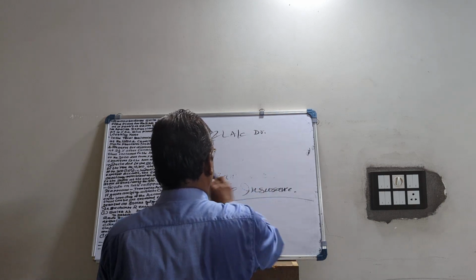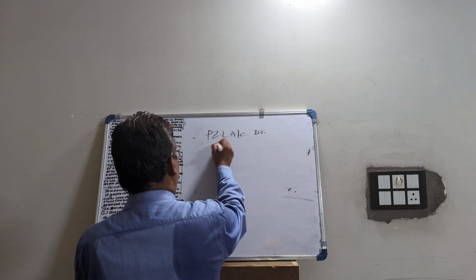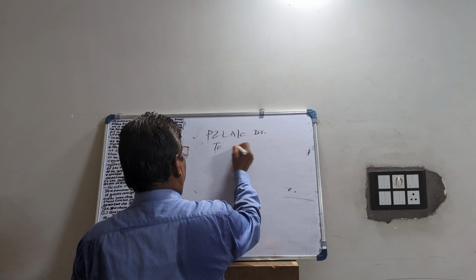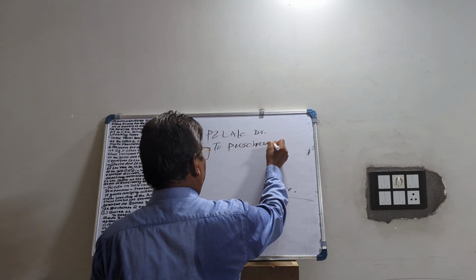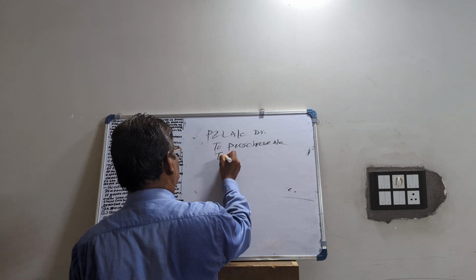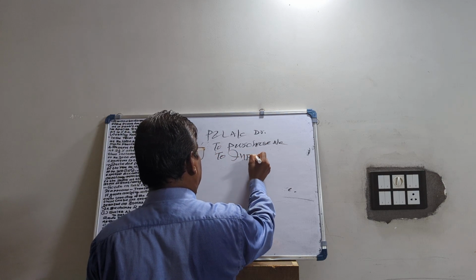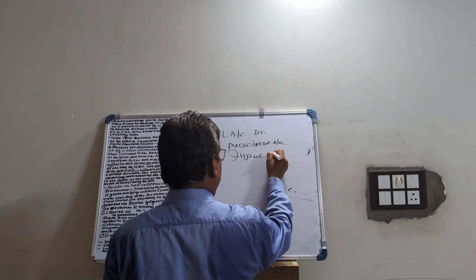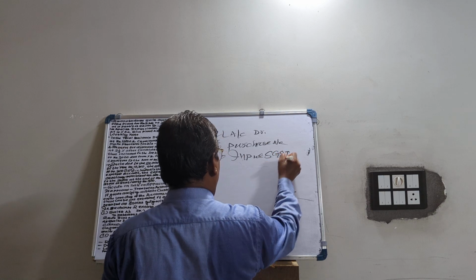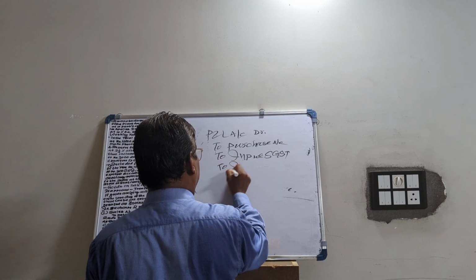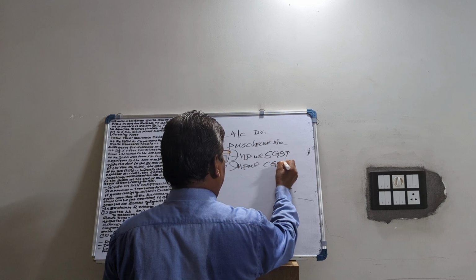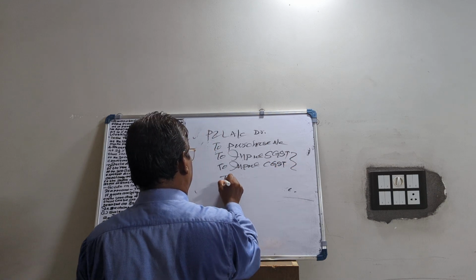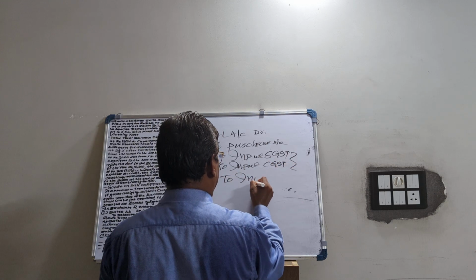Then we will credit purchases account, to input SGST and to input CGST. If it is interstate, to input IGST.